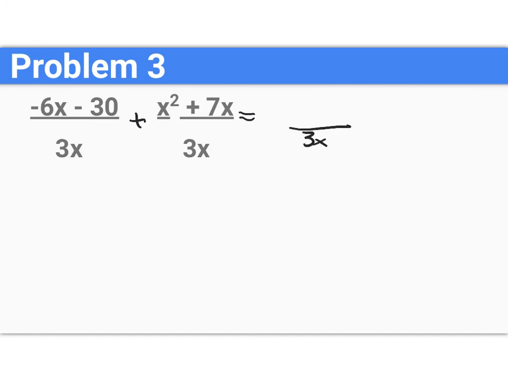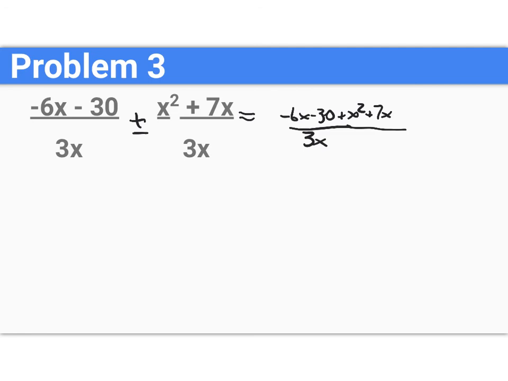What do we have here? -6x minus 30 plus x squared plus 7x. Because the middle sign is a plus, everything else stays the same. It doesn't change our signs. If this had been a -7x, it would have stayed -7x. The positive does not change any signs. Only when you have negatives do you have to worry about these things.